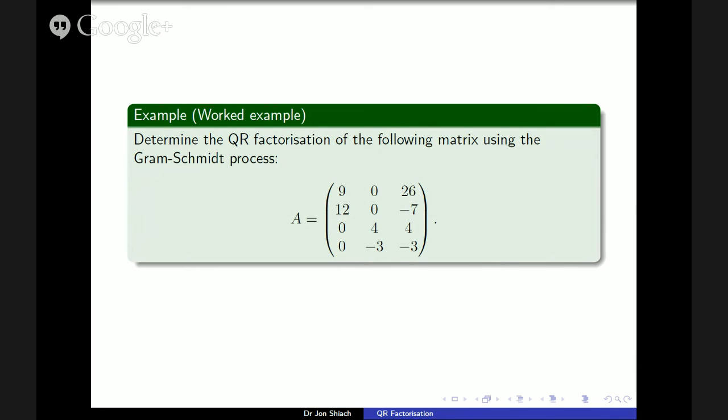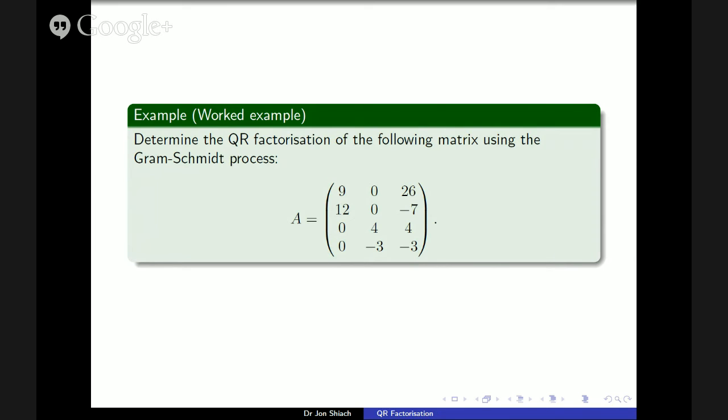Just doing that in my head, I think that's equal to 10. So 3/5 times 26 plus 4/5 times minus 7. So what have we got? 78 minus 28, divided by 5. So that's 50 divided by 5 gives us 10.